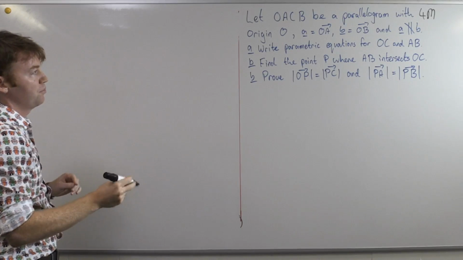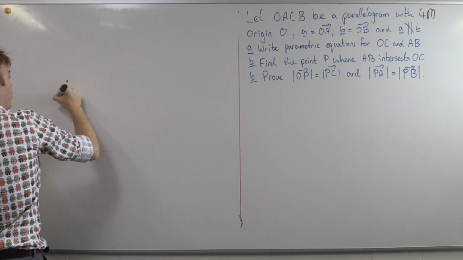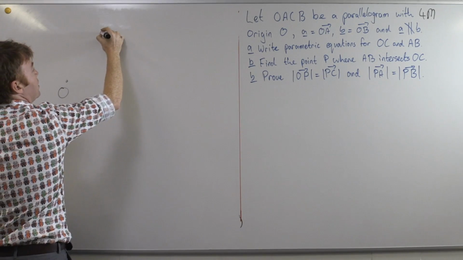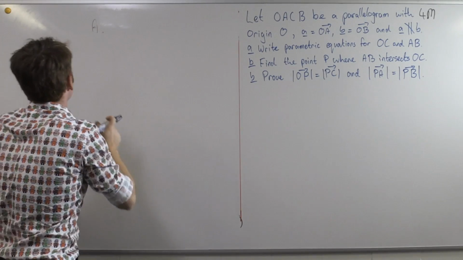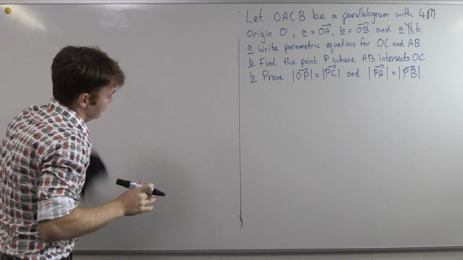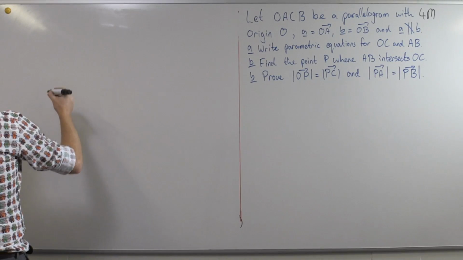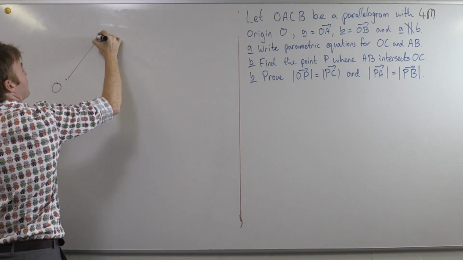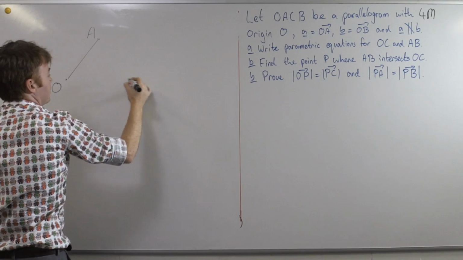Alrighty, let's put some points on the board and make a parallelogram. Here's an origin, O. There's a point A. Let's try again. Origin, good. There's A like that.